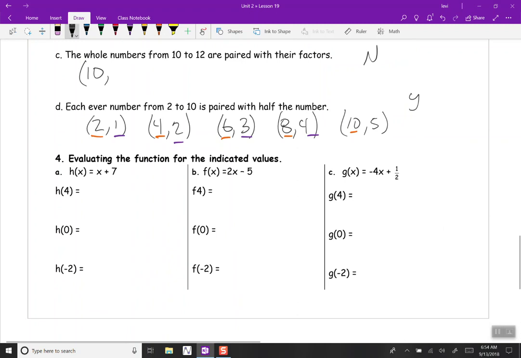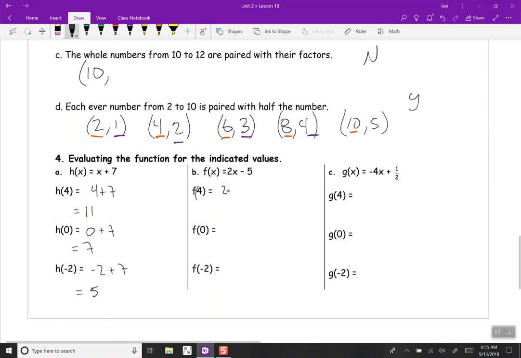Solving for the indicated value, we're just going to plug in a 4 here, so 4 plus 7. So h of 4 would be 11. H of 0 would be 0 plus 7, so that would be 7. H of negative 2 would be negative 2 plus 7, so that would be 5. Same thing here.